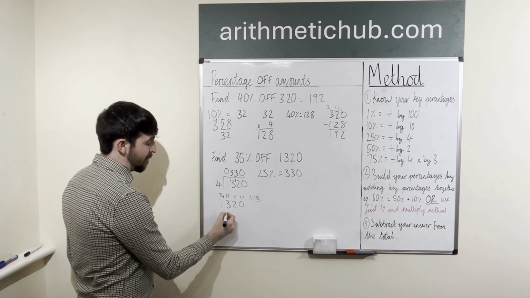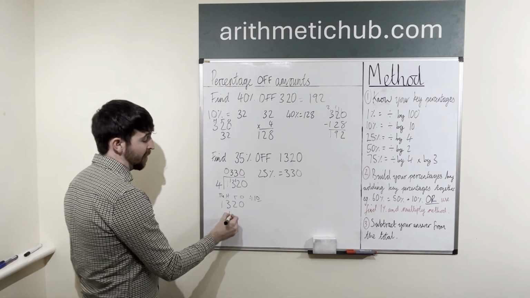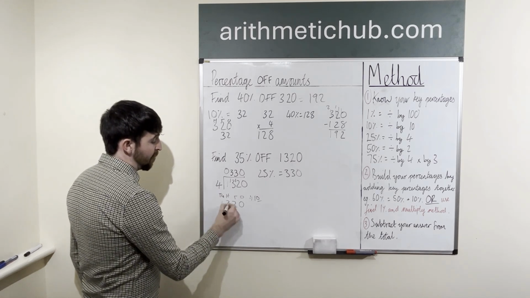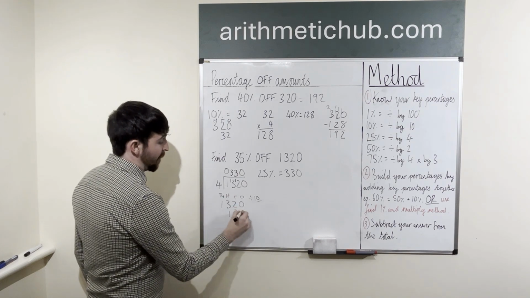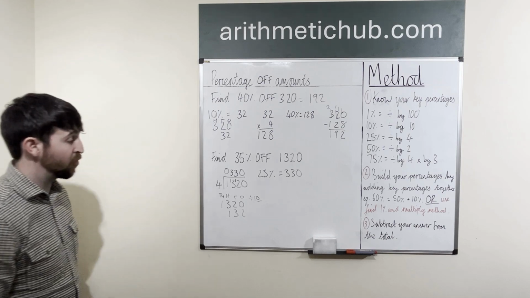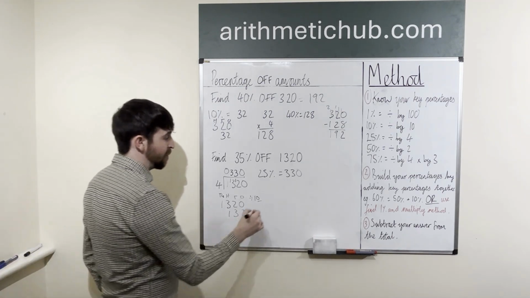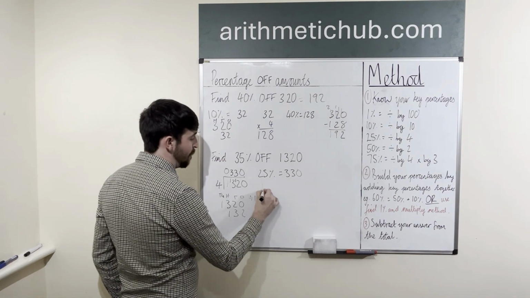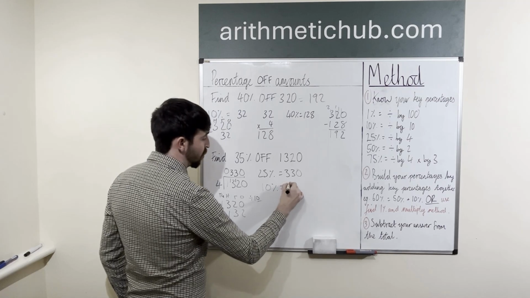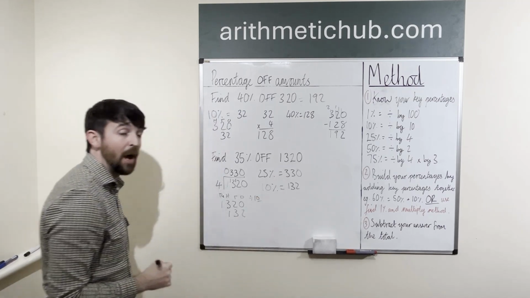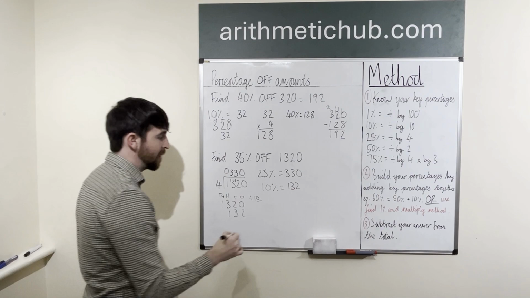So my 1 in the thousands is going to move one place to my hundreds, my 3 from my hundreds to my tens, and my 2 from my tens to my ones. So 1,320 divided by 10 is going to give me 132. So 10% equals 132. Now I need to add these two together to get 35%.